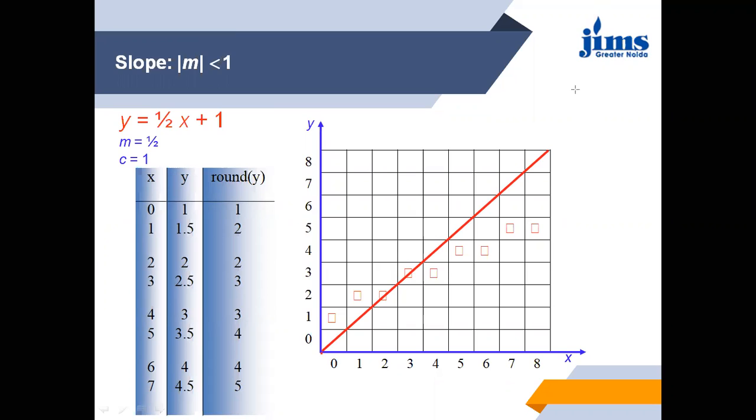But when m is less than 1, it means that on the x-axis, every time we are increasing the value by 1, and we have to find out the pixel position on the y-axis.